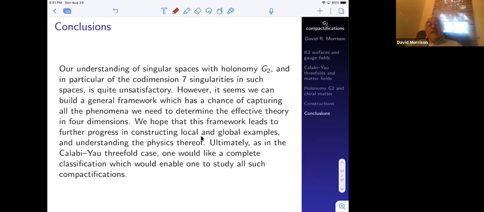But I don't have a technique for doing that in the G2 context. So it was great that people did this local work, but I have no direct way of plugging the local work back into more global examples. I think that's what I will say about that flurry of activity.